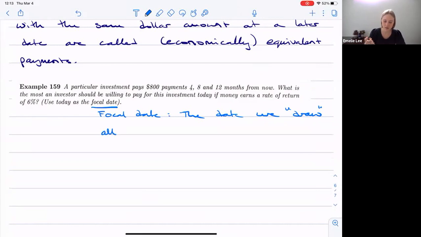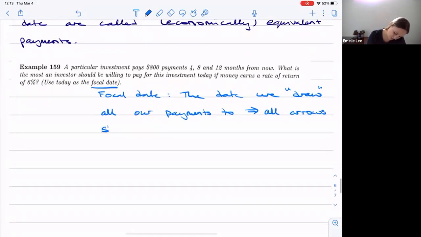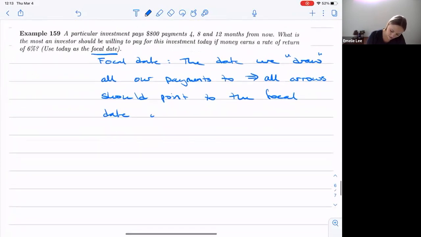So the date we draw all our payments to, which means that all arrows should point to the focal date on our timeline.